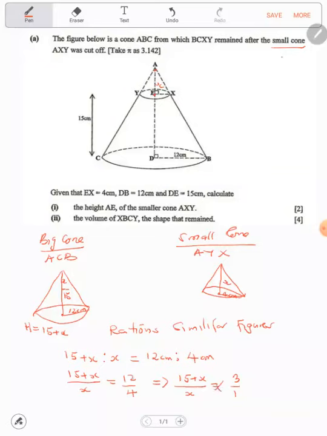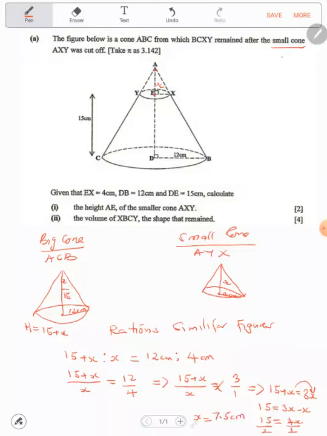Then we cross multiply: 1 times 15 plus x equals x times 3, which is 3x. Collecting like terms, we have 15 on this side, and 3x minus x on the other side, so 15 equals 2x. Dividing both sides by 2, x is equal to 7.5 centimeters.